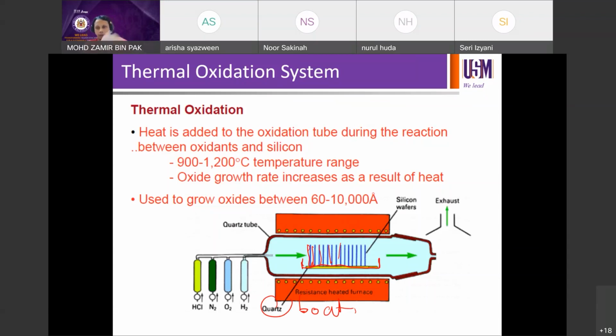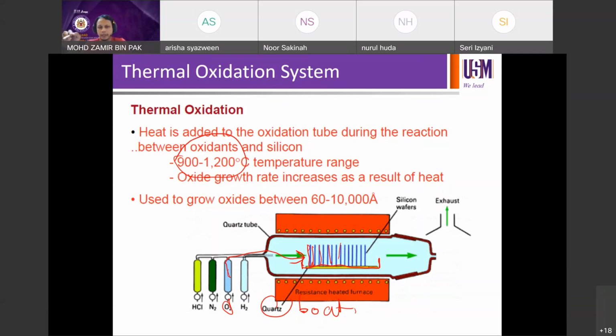So the quartz boat we place vertical, and then if you're using dry ox, okay, dry ox means dry oxidation, so I can just mention ox. The dry ox in this case, just use oxygen, let it in, and start the oxidation process at whatever temperature. So in this case, typically 900 to 1200 degrees C. And if you increase the temperature, the rate of oxidation increases accordingly, right?